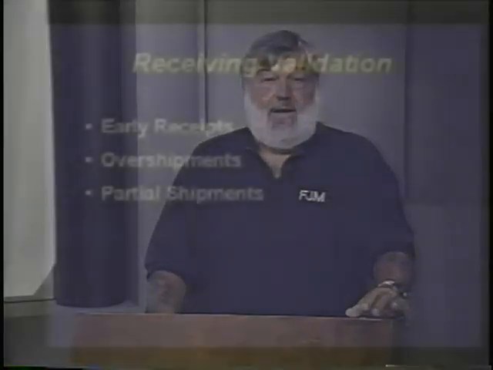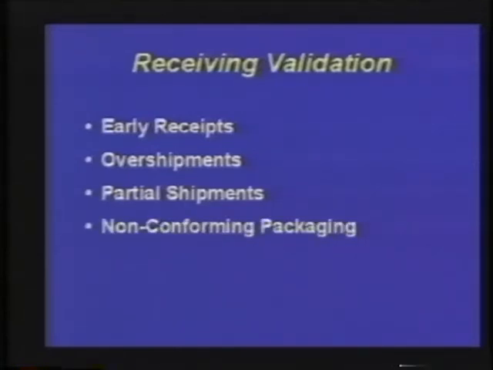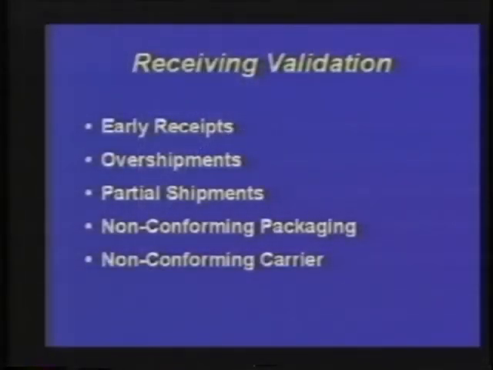Partial shipments, you may need 2 items and you only receive 1. There isn't anything you could do with the 1. You need 2 for a planned order. What is your procedure relative to getting that second item? Non-conform packaging could lead to potential damage of an item. A non-conform carrier means that you could be paying more for freight in as opposed to utilizing the proper carrier.